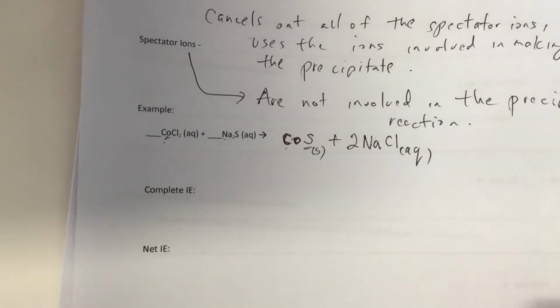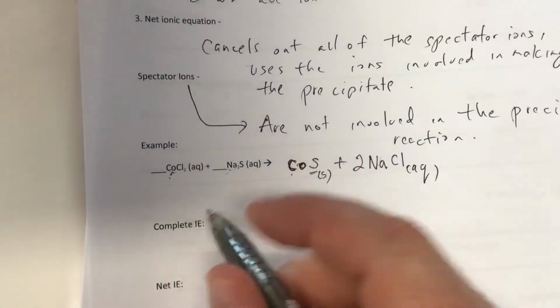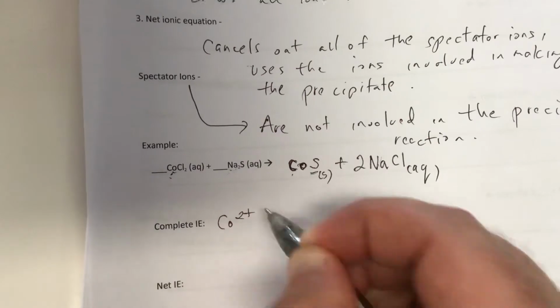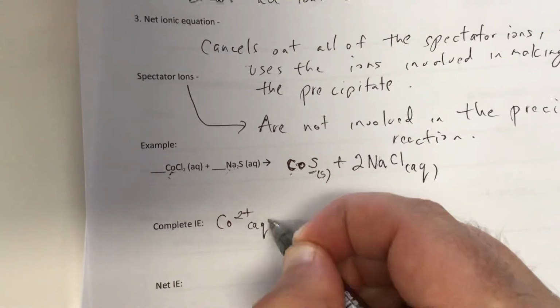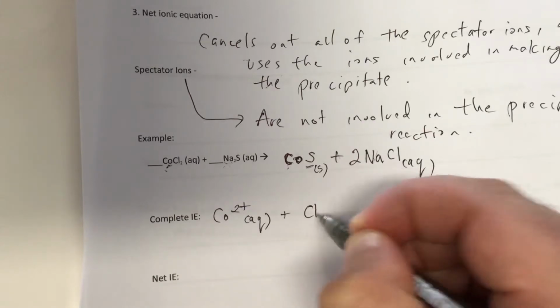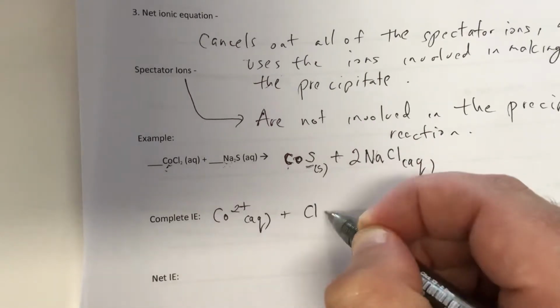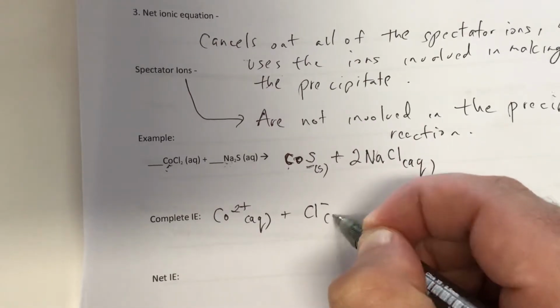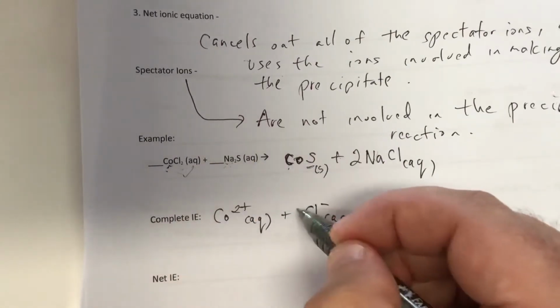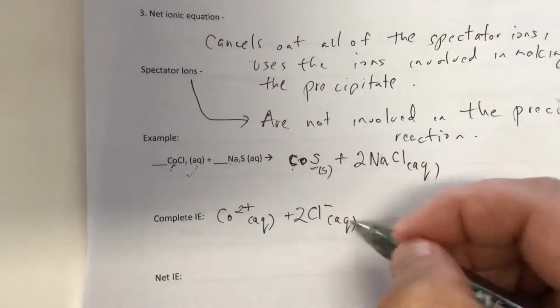So complete ionic equation. We're going to break this apart to all of its pieces. So cobalt 2 plus aqueous plus chlorine minus aqueous, but don't forget we have 2 of them there, so we're going to put 2 here.